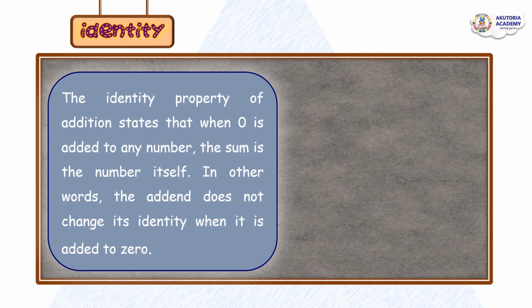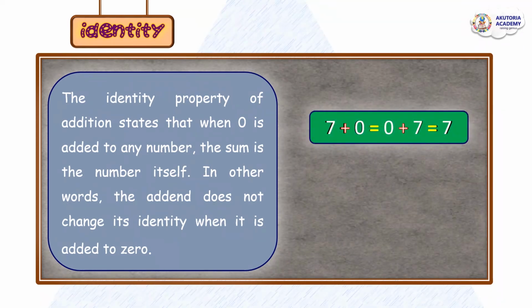It will not change. From our property here, anytime 0 is added to another number, the result or the sum will still be that number. 7 plus 0, which is still the same as 0 plus 7, will give a sum of 7. Following our rule, any number that is added to 0 gives that same number. It maintains its identity.